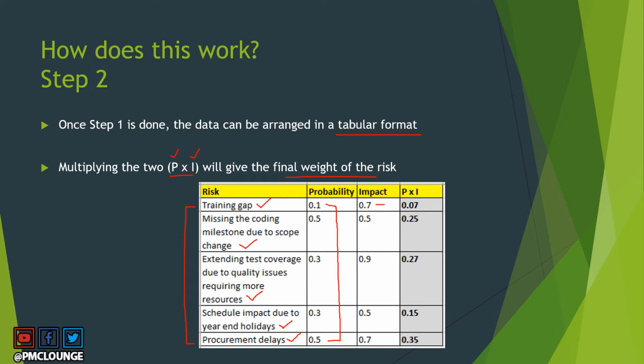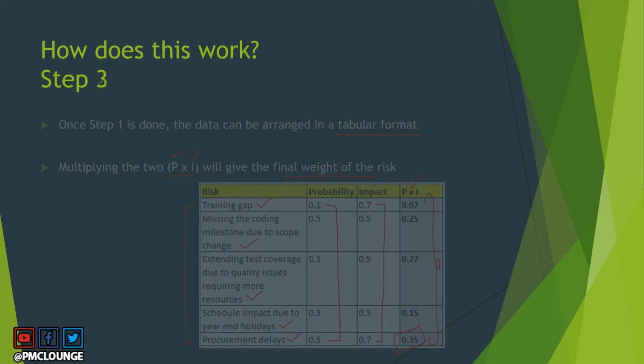And these are the values of the impact that your project team has assigned to every single risk. P into I is going to give you the weight of the risk. And these are the final values of every single risk. So as you can see, the highest weight, 0.35, is for the last risk, which is procurement delays. Now let's go to step number 3 so that we can make sense of all this.